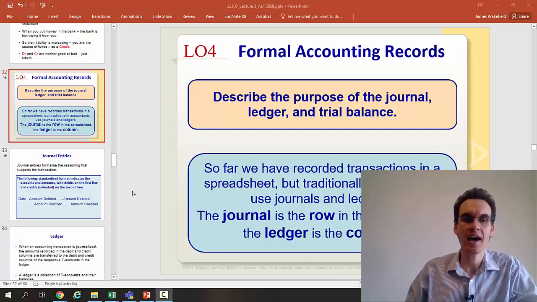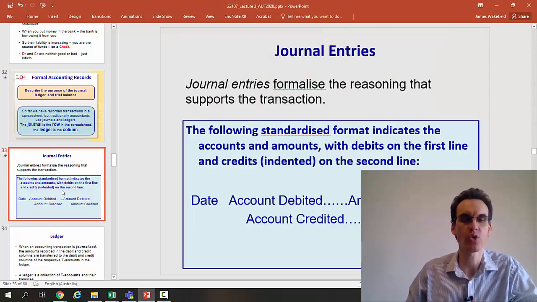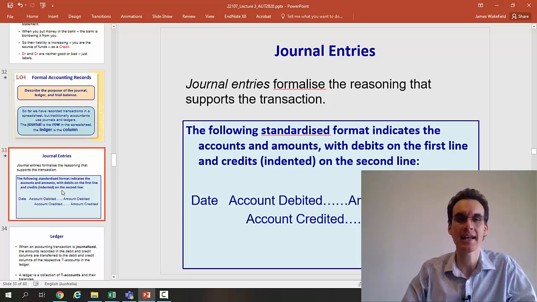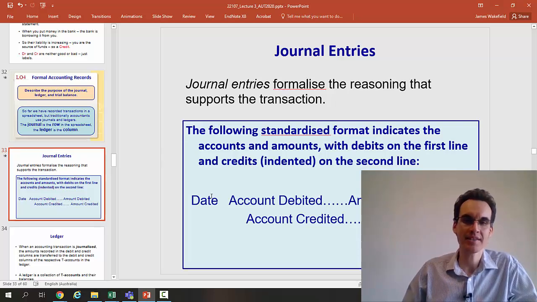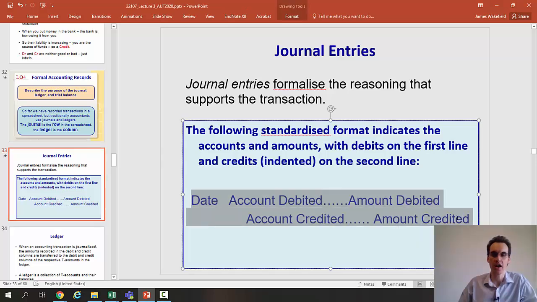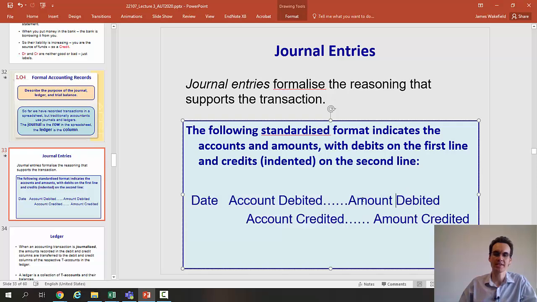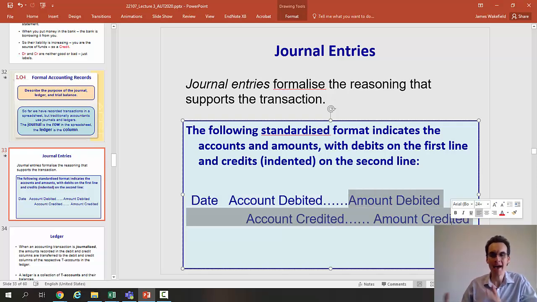We're going to start with how do you actually record a transaction in an accounting journal. We record a journal entry. And this is basically what a journal entry looks like. You have a date associated with the transaction, you have accounts associated with the transaction, and you have amounts associated with that transaction.